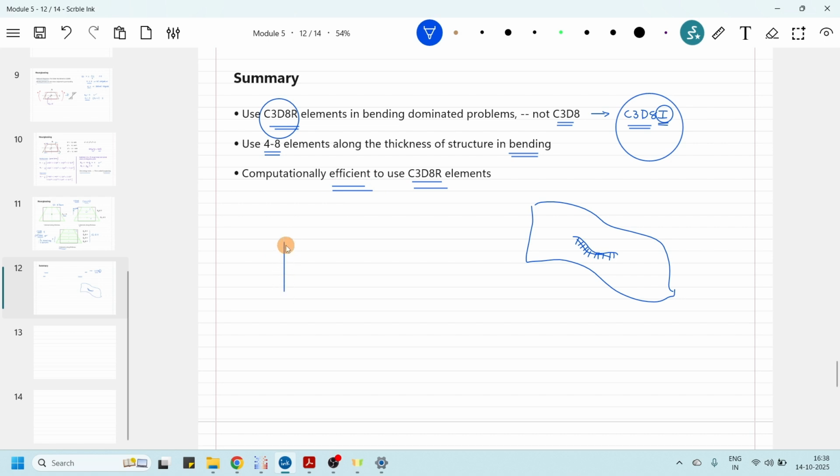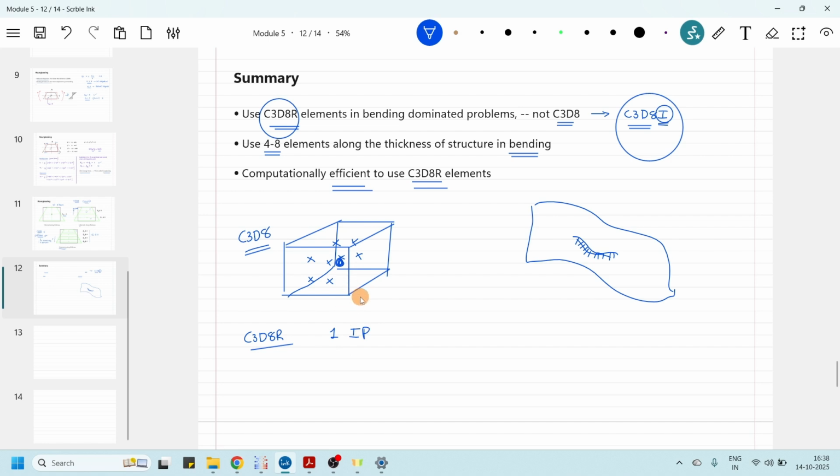If we talk about the 3D hex element, C3D8 has 8 integration points internal to the element, whereas C3D8R has only one integration point, at the center of the hex element.